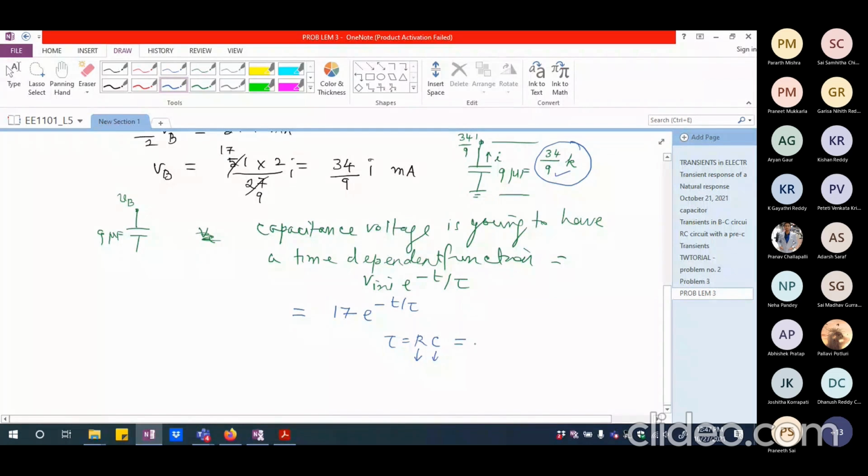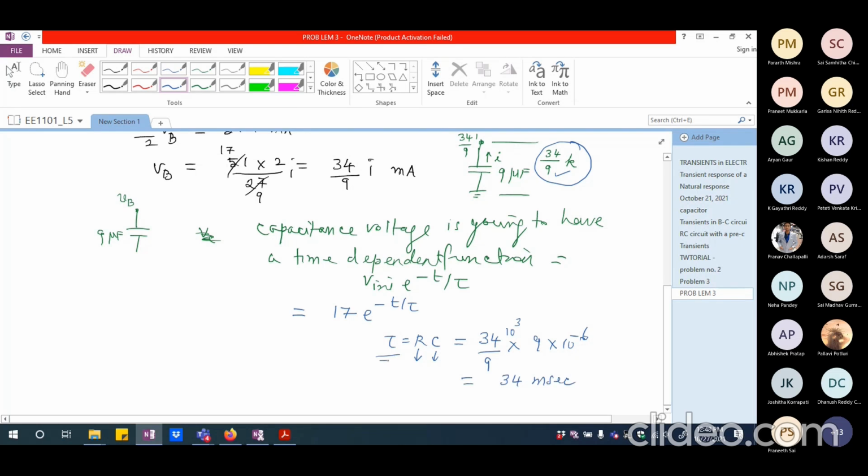So this is going to be 34 divided by 9, multiplied by C. C is my capacitance value, which was 9 multiplied by 10 power minus 6. So 34 by 9K means multiplied by 10 power 3, and this has to be multiplied by 9 into 10 power minus 6. So this works out to 34 millisecond.